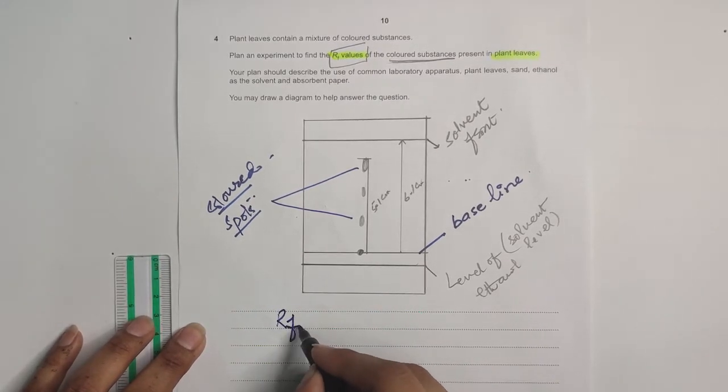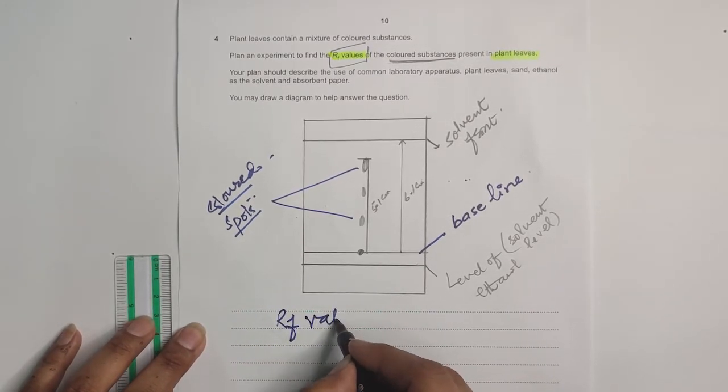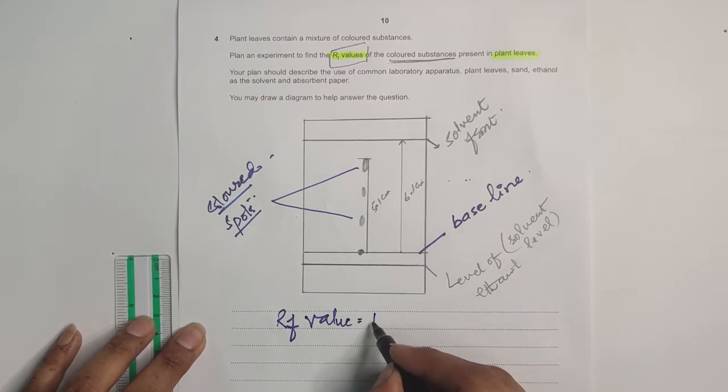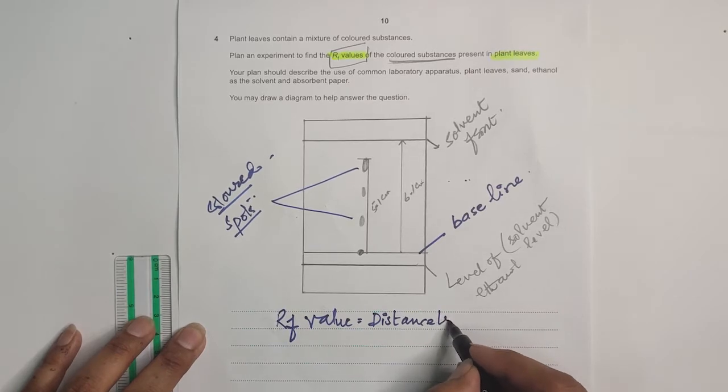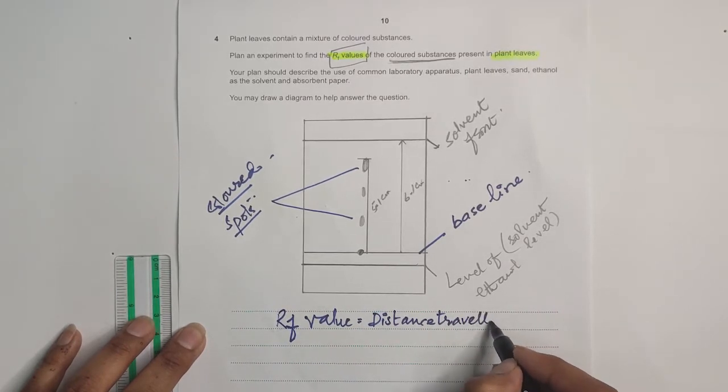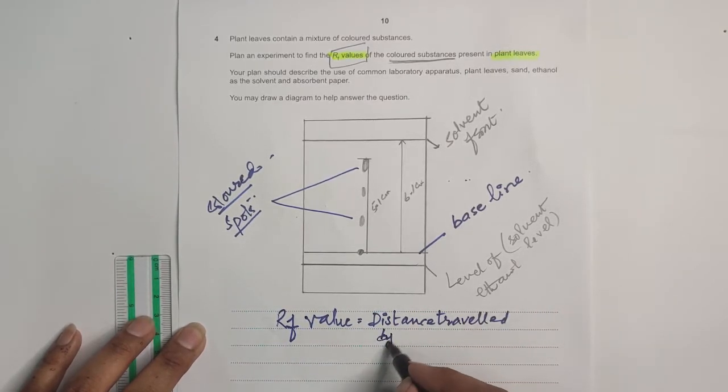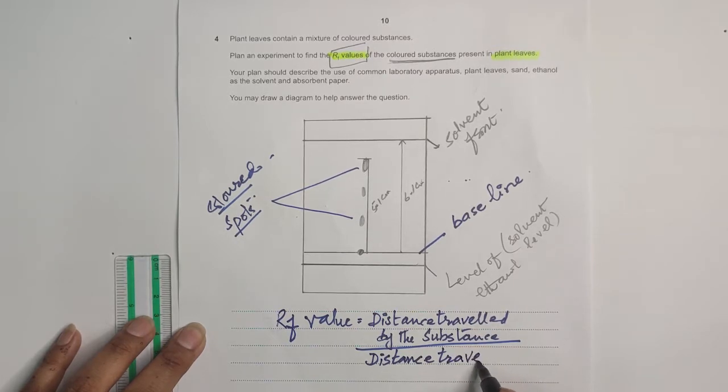Now we have to calculate the RF value. RF value is equal to the distance traveled by the substance divided by the distance traveled by the solvent.